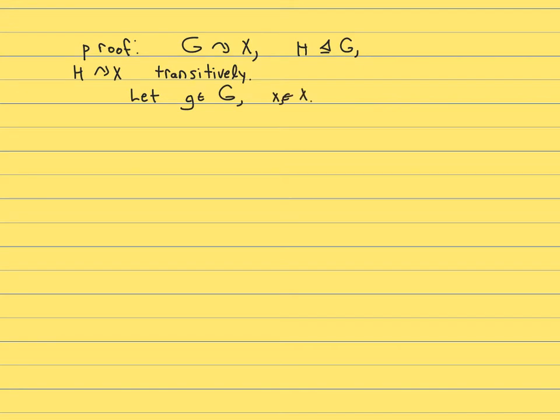So first, I've got G acting on a set X. I've got a subgroup H of G that's normal, and H acts on X transitively. Well, let g be any element in the group, x be an element of X, and let y be equal to g x.